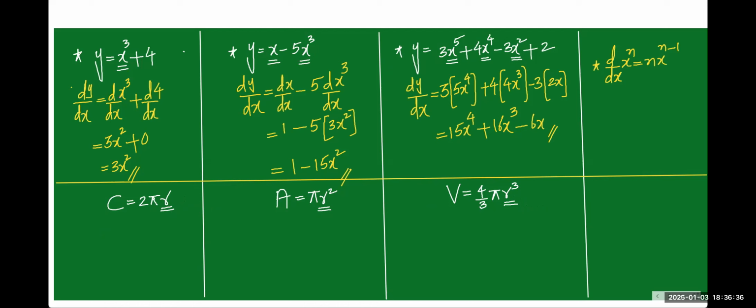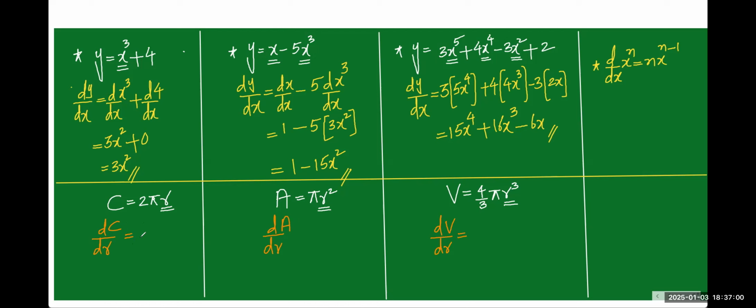Now how will the answer change, you see. We are differentiating with respect to r, so d by dr of C, d by dr of A, and d by dr of V.